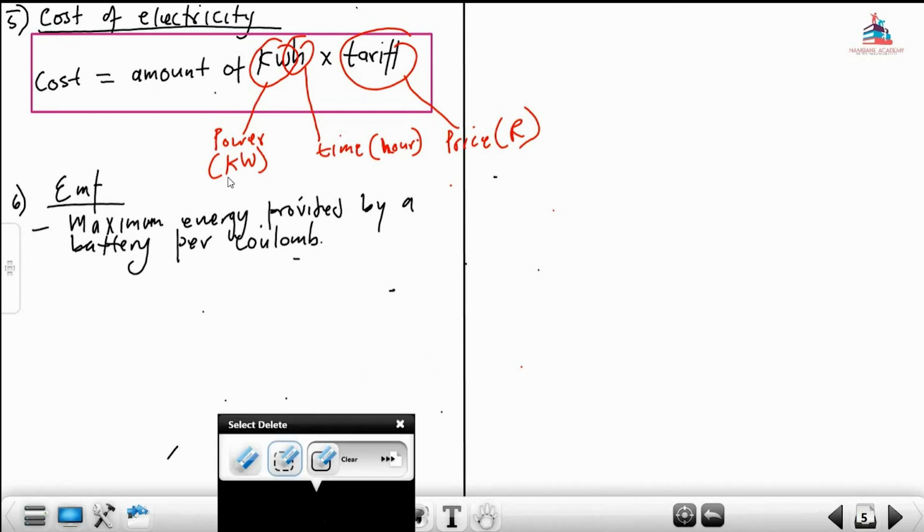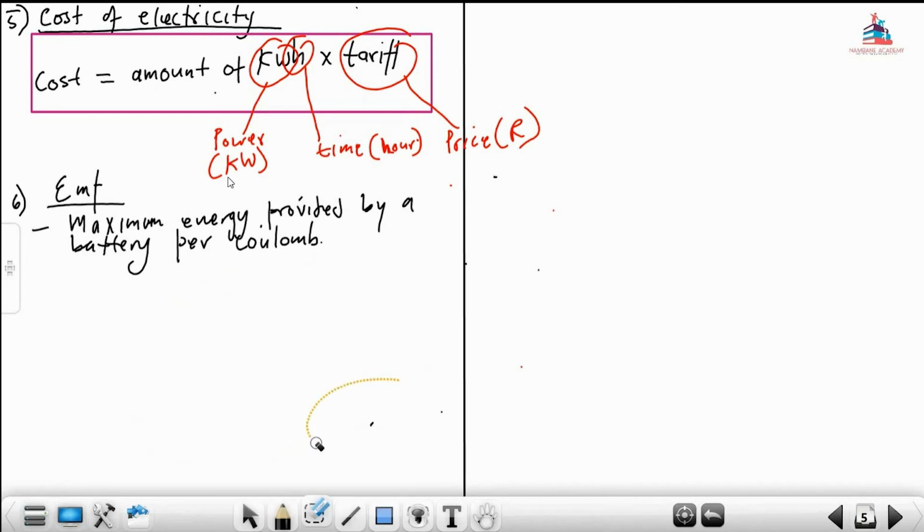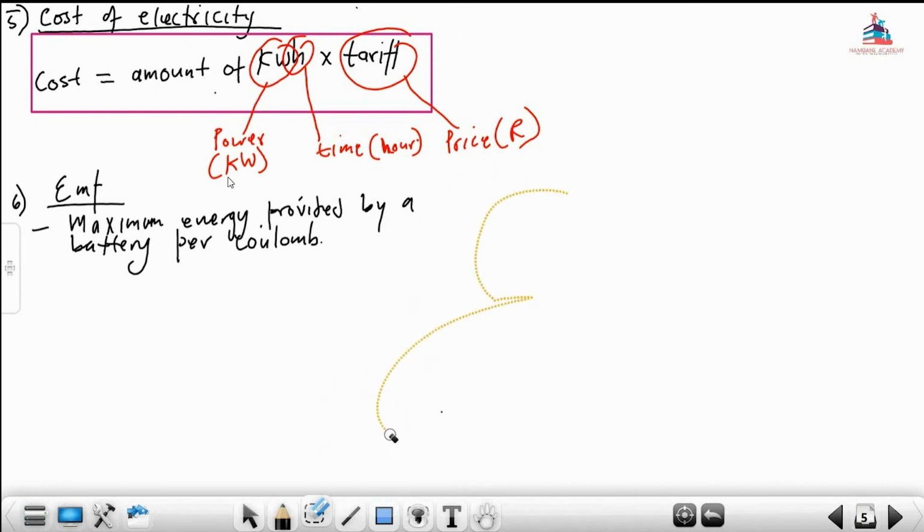It's as simple as that. Now this is the EMF, which is just the maximum energy provided by a battery per coulomb.